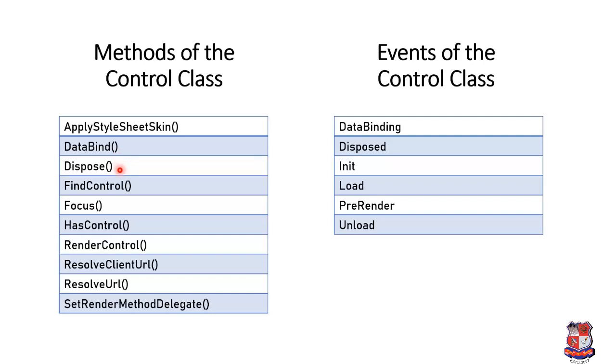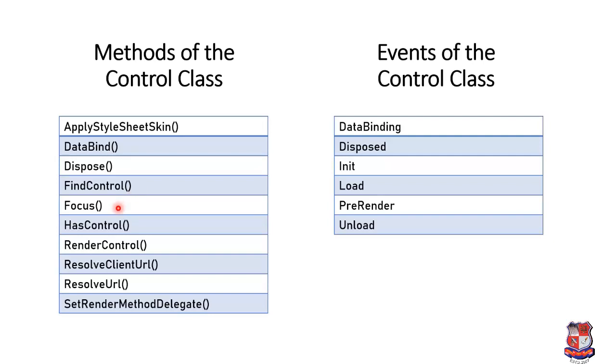Next is the Disposed method. It helps in enabling a server control to perform final cleanup before it releases the memory. Next is FindControl. It helps in searching the current naming container for the specified server control. Next is Focus.